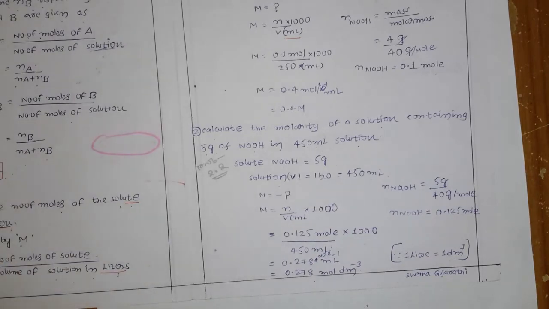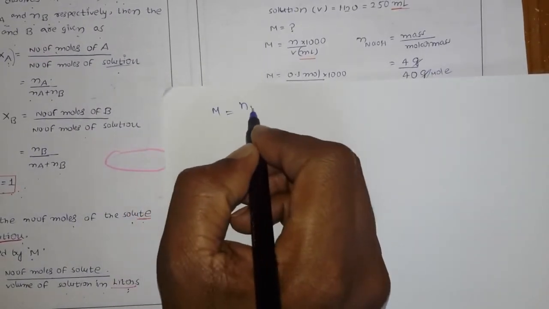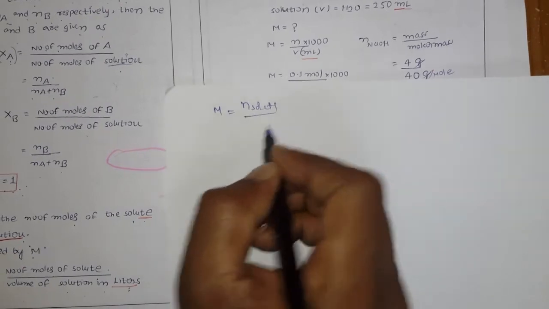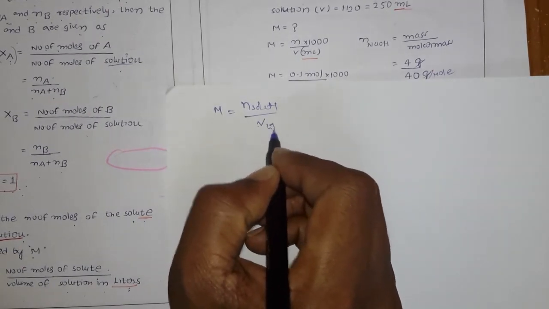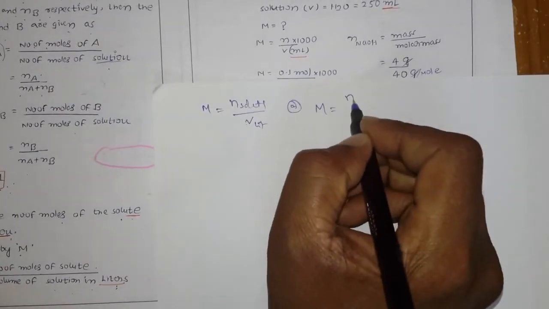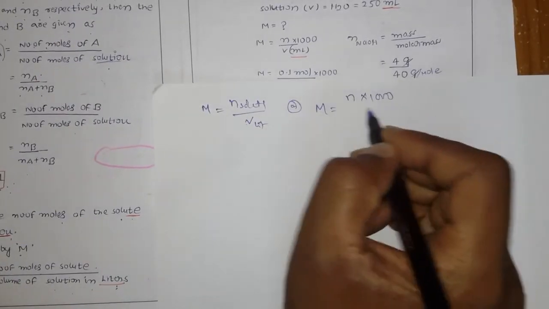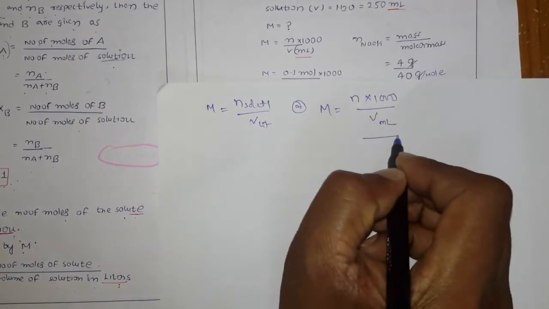So what is the molarity? The molarity is nothing but the number of moles of solute divided by the volume in liters, or M is equal to number of moles of solute into 1000 divided by V in ml.